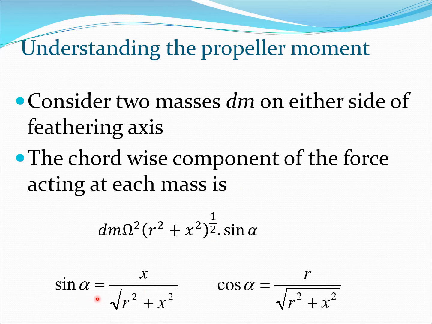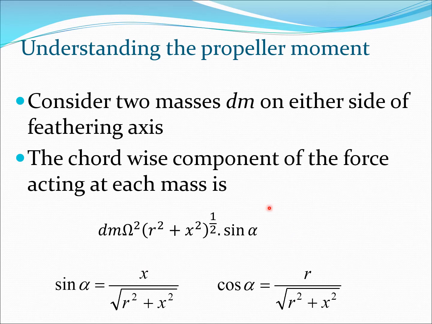And the sine of this angle is x by root r square plus x square. So this is the distance from the axis of rotation to the point dm, and x is the distance between your point dm and the feather axis.